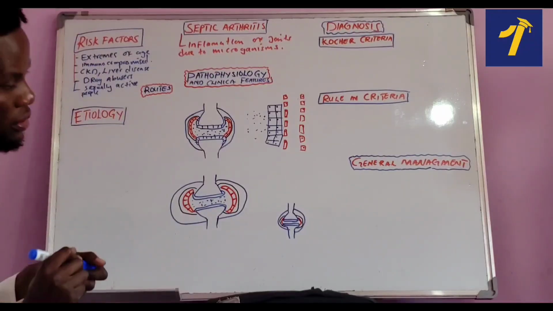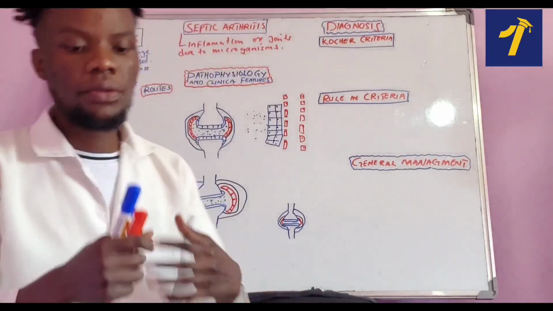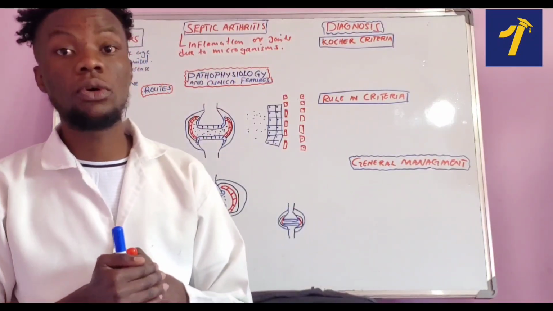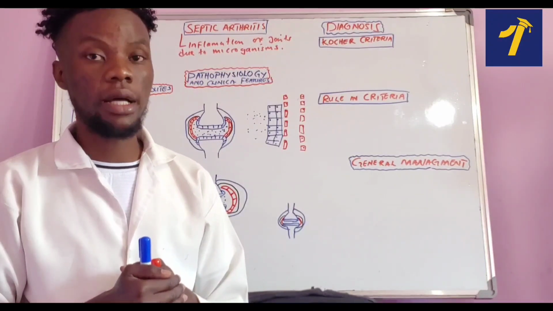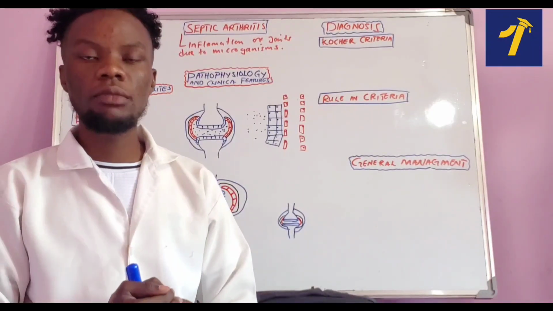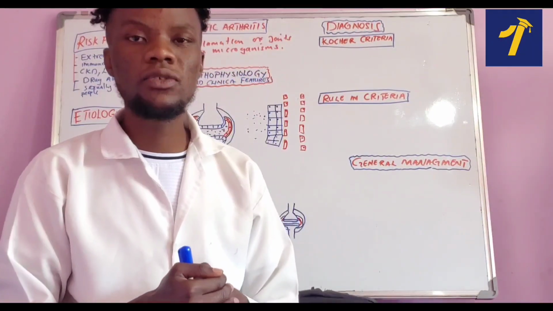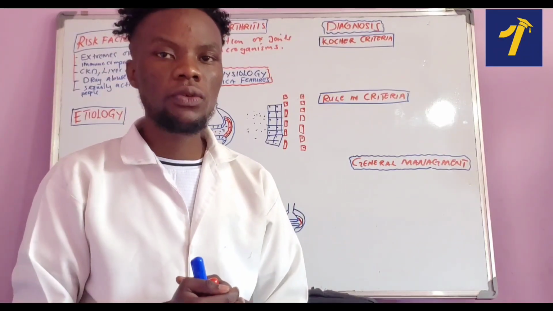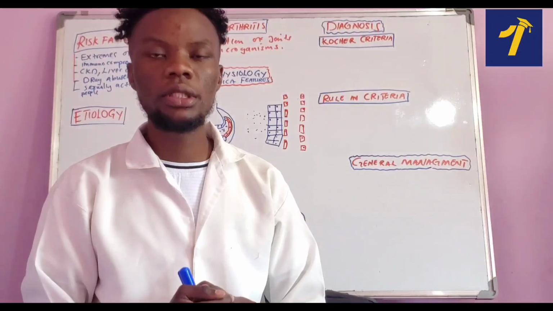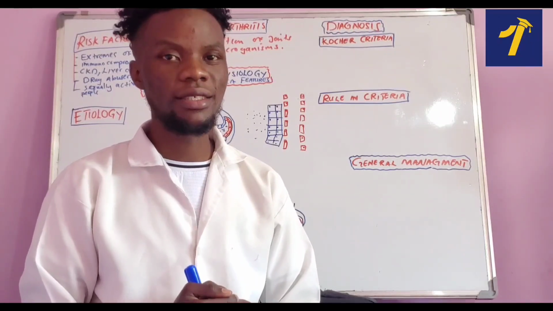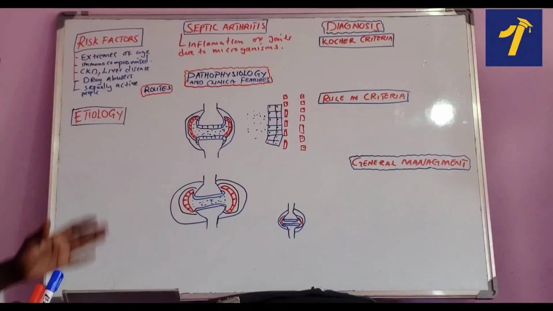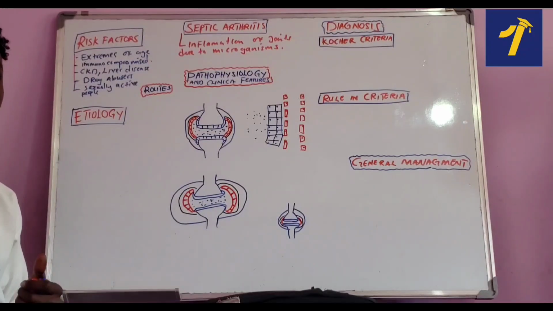Those people who are sexually active are also at increased risk of developing septic arthritis. Why? Because there is a certain organism, Neisseria gonorrhoeae, which is transmitted sexually. That organism can go into the joint and cause septic arthritis. So these are the common risk factors that you can remember, and this can help you in different scenarios.